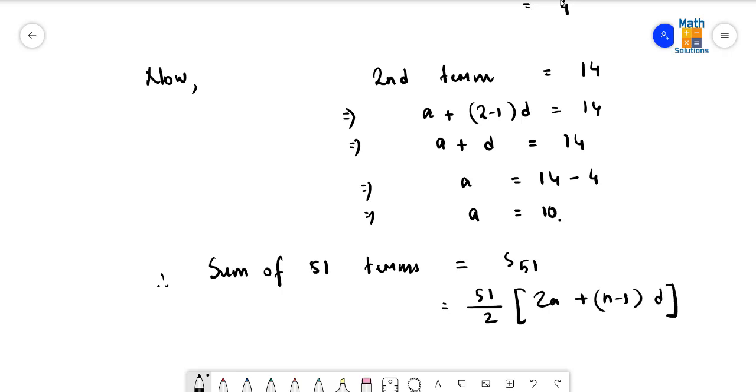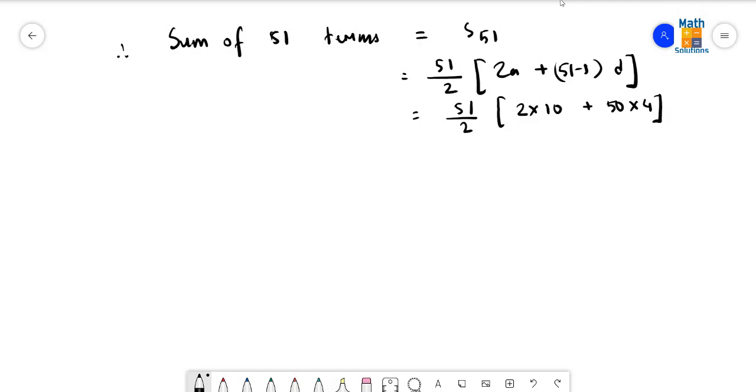n minus 1 d, means here in this case I made a mistake. Here it should be 51. So in this place I can put 51 because value of n is already known to us. 51 by 2, a is 10 here, plus this is 50, d we got to be 4. So after this, what do we get? 51 by 2.